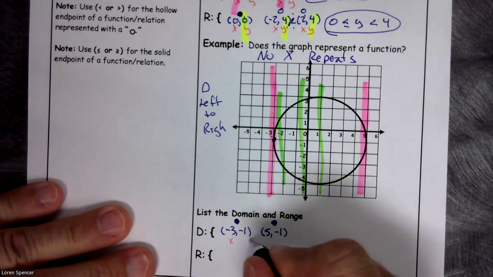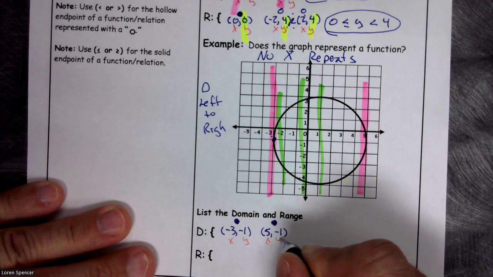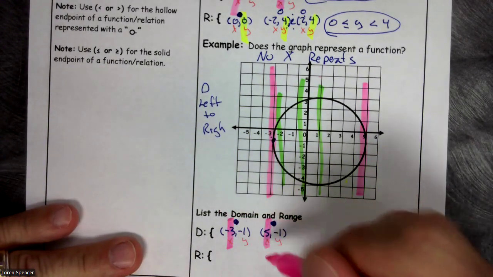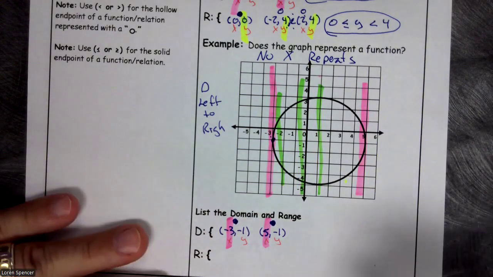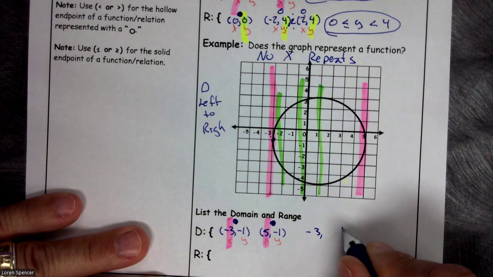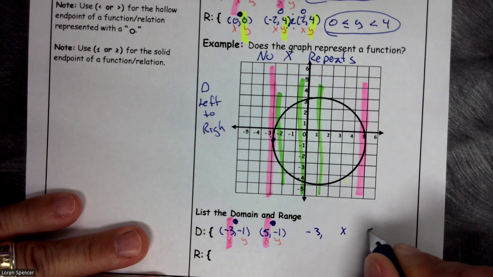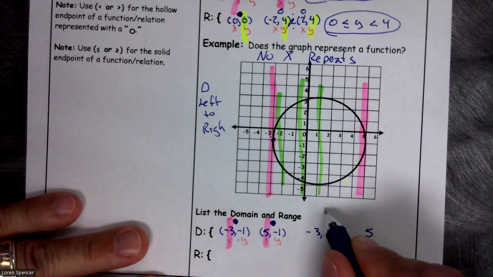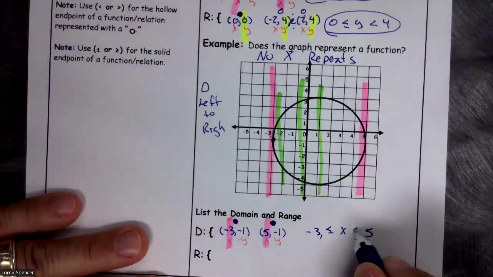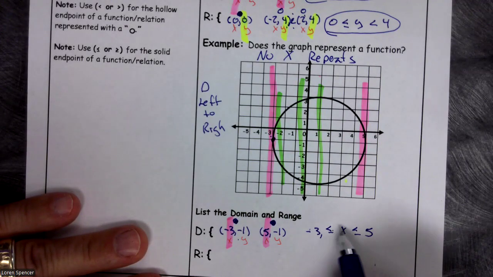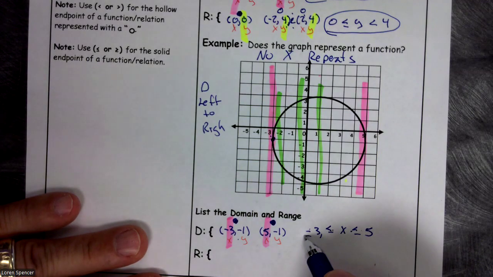So this is my X, this is my Y, this is my X, this is my Y. We're dealing with domain, so all we care about are the X's. So we have -3, leave a space, X, leave a space, 5, and solid. And remember, solids are going to get the less than or equal to sign. So -3 is smaller than X, is smaller than or equal to 5.